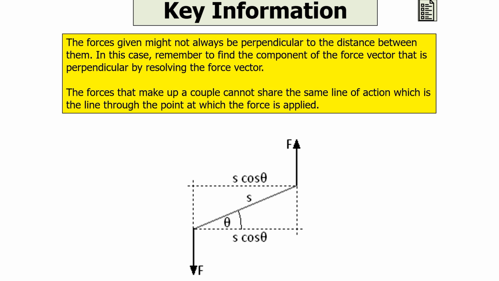The forces given might not always be perpendicular to the distance between them, so remember to find the component of the force vector that is perpendicular by resolving that force vector. The forces that make up a couple cannot share the same line of action, which is the line through the point at which the force is applied.